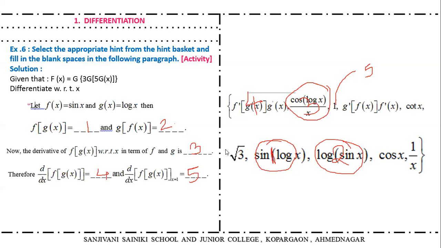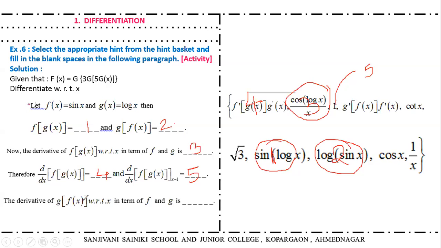Now the derivative of g of f of x. Derivative of g of f of x with respect to x in terms of f and g. Again, we use the same, just like this f of g of x. Its derivative is given by g of f of x.